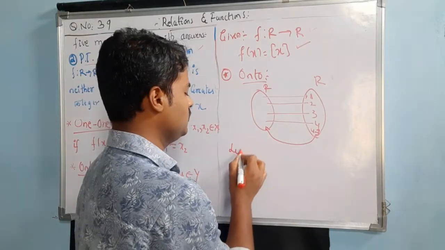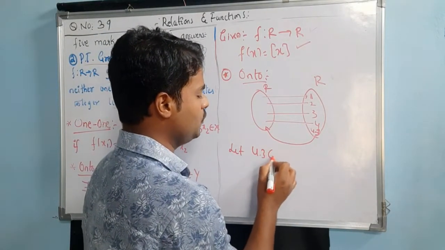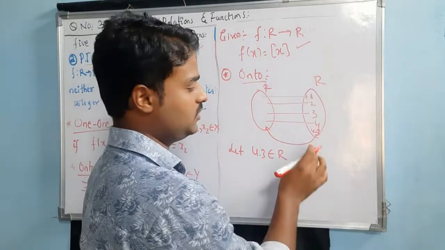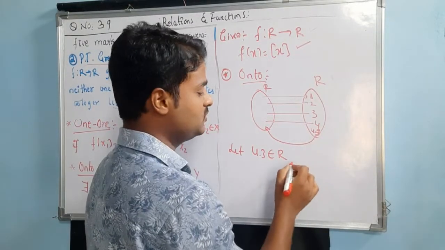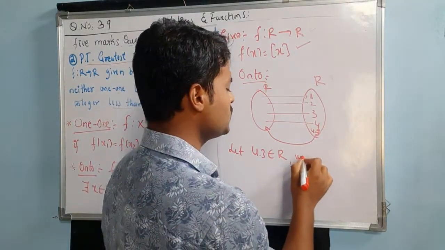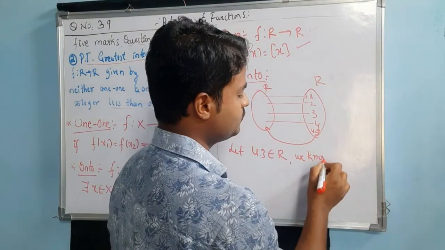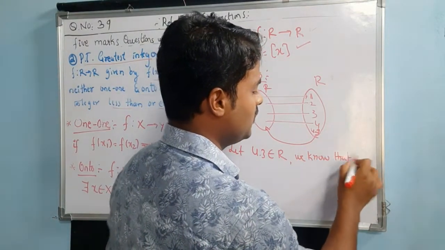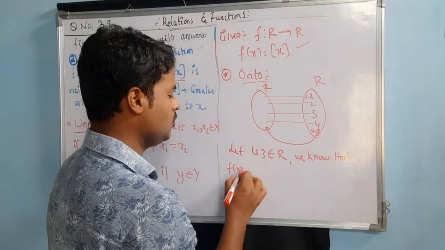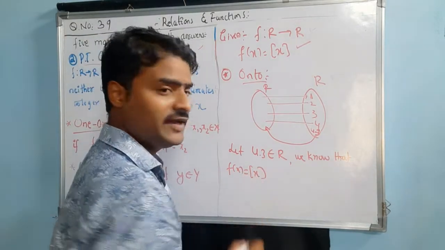So let 4.3 belong to this R, that is, it is in the second domain. So we know the function, we know that f of x equal to this one is the integer function.